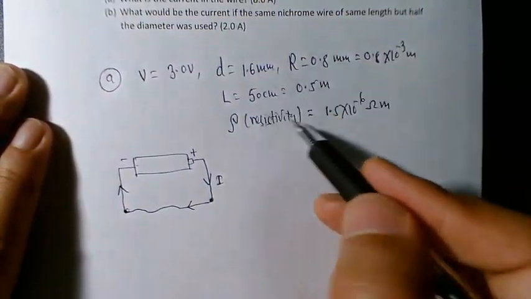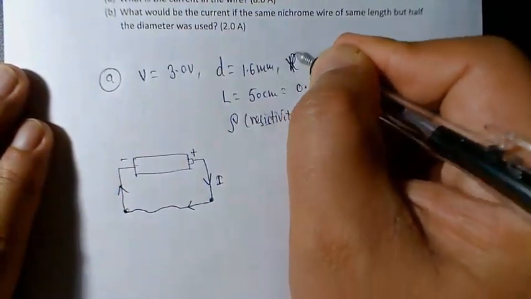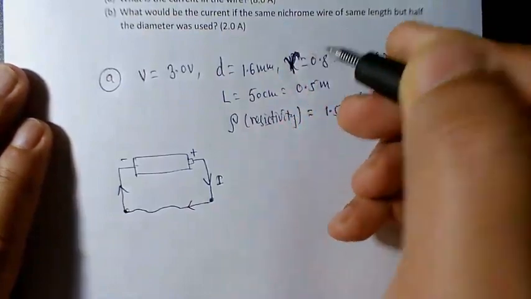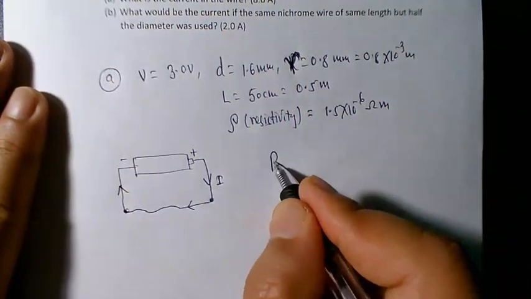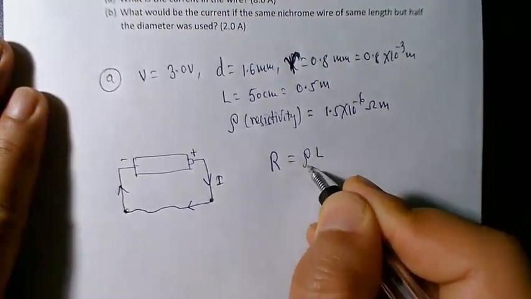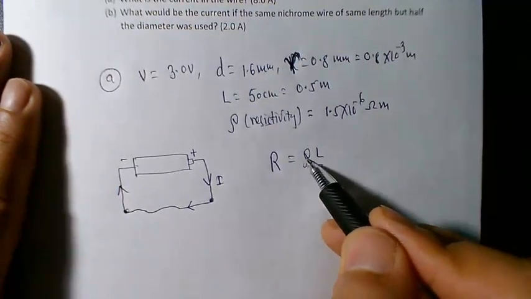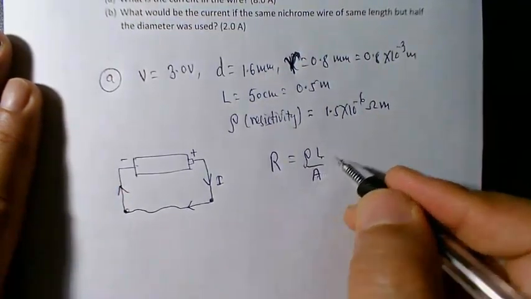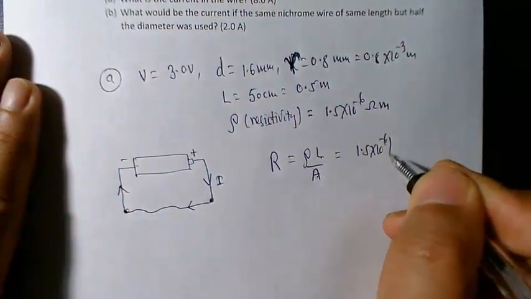Based on this information, I'm going to use small r for the radius because big R stands for the resistance. The resistance of the given wire is given by this very important formula, rho L over A, because the resistance of the material depends on these factors: resistivity, length, and area of cross section. Resistivity is 1.5 × 10^-6.